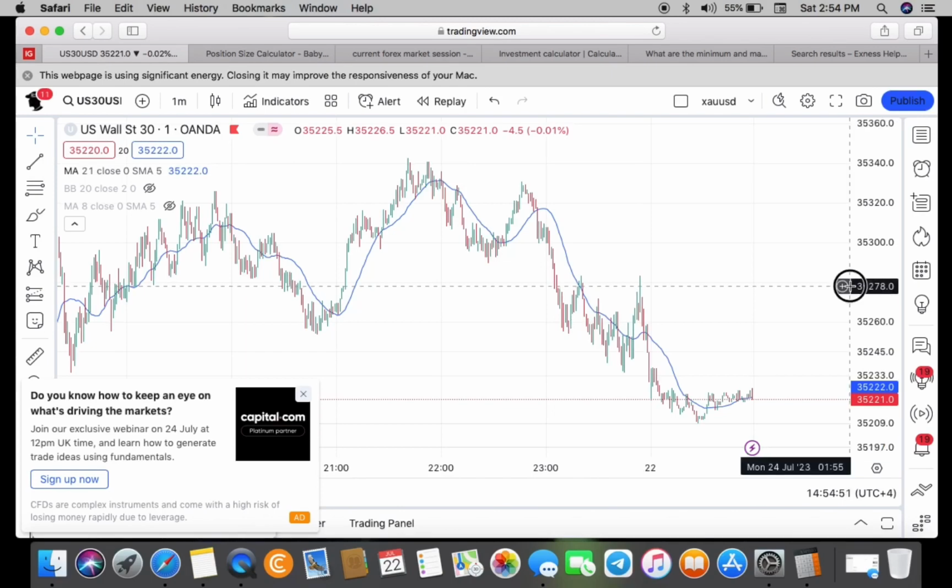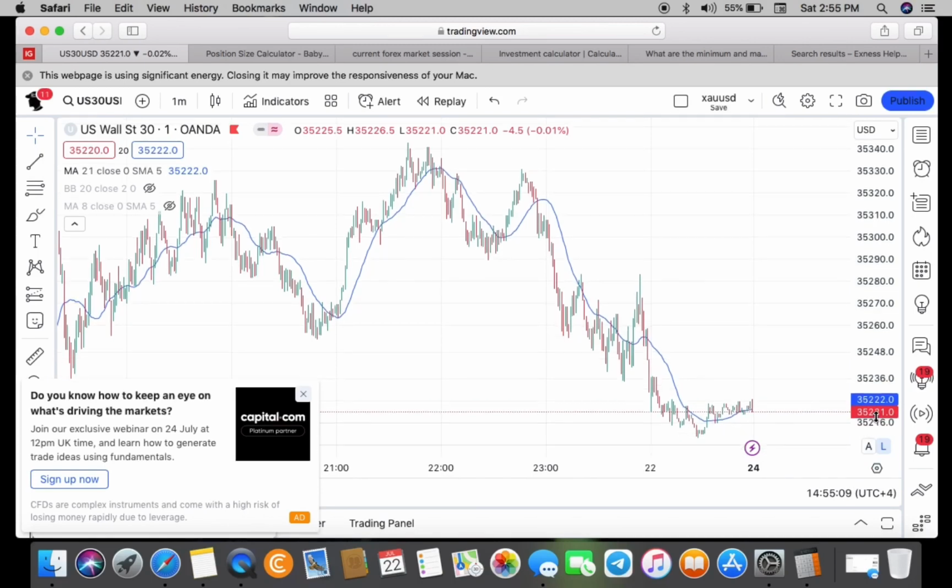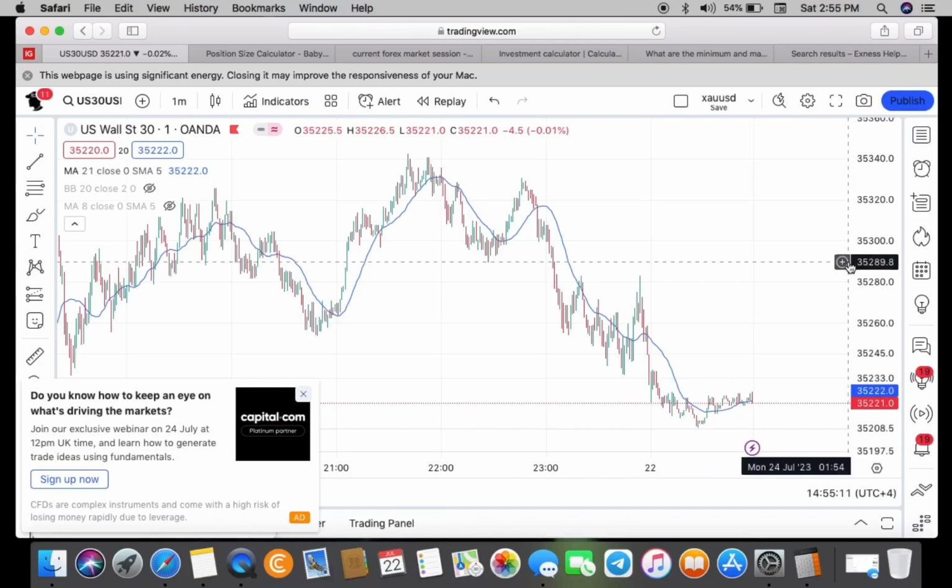So suppose we enter at this price, 35,000. Can you see, guys, what this cost? This cost 35,220, and maybe you take profit on this side at 35,209, right? We entered the price at 35,320, and let's say we take profit at 35,208.